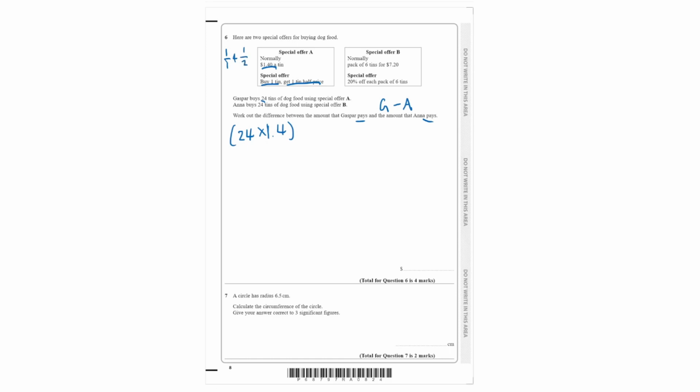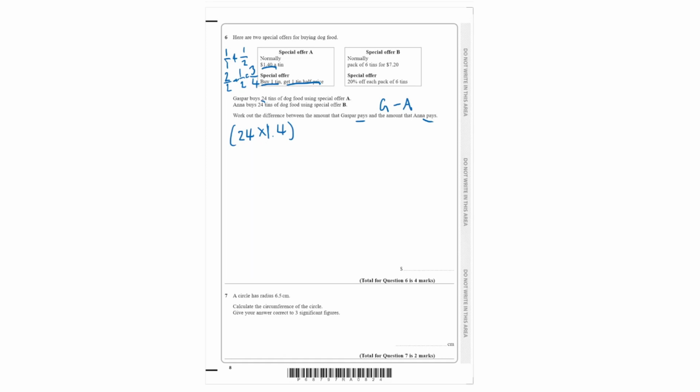We can actually change 1 over 1 to 2 over 2 plus 1 over 2. That equals 3 over 4, or exactly 75%. Because if he buys 1 whole tin and gets 1 tin half price, he'll pay 75%. That means 25% off on the amount he pays.